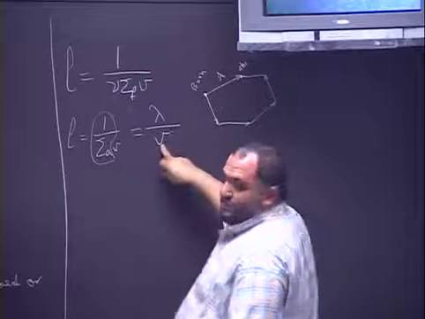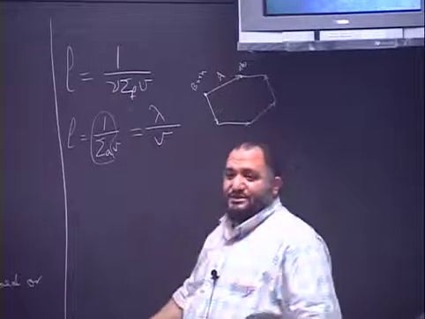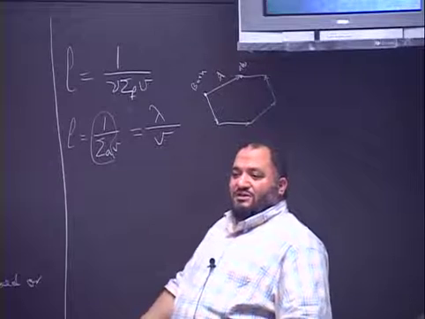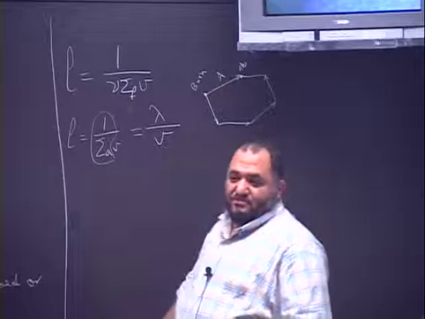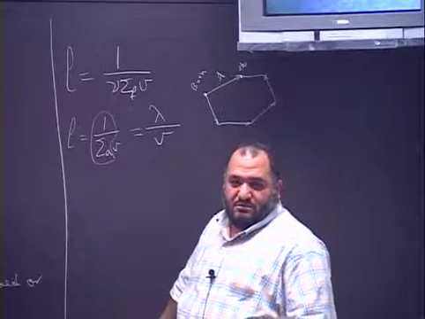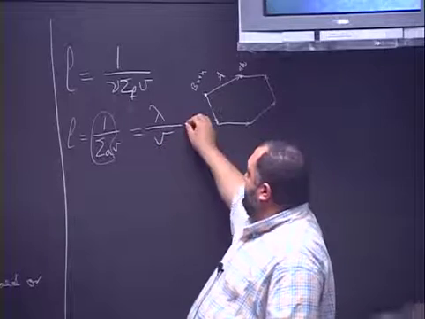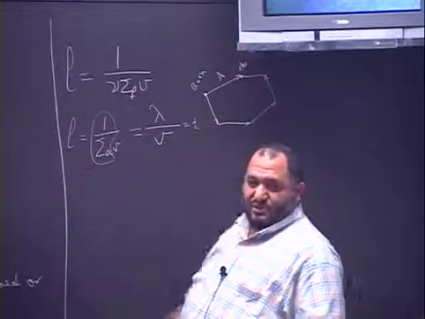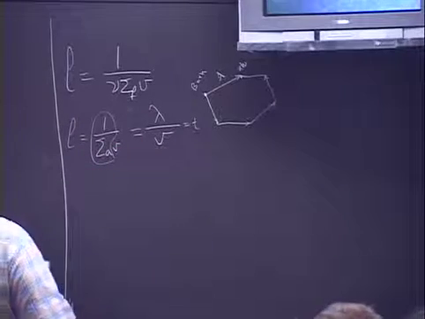If it moves with a velocity v and you divide lambda over v, distance over velocity, what will this give you? Time. So this is the lifetime of the neutron. Did you understand? This is lambda over v, and this is a unit of time. This is why they call it like this. So the book wrote the lifetime as this.